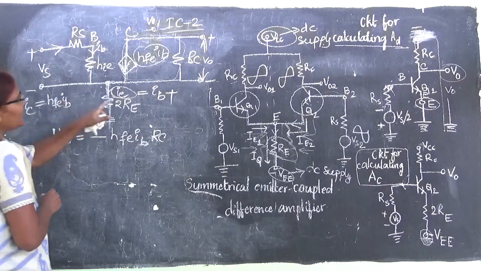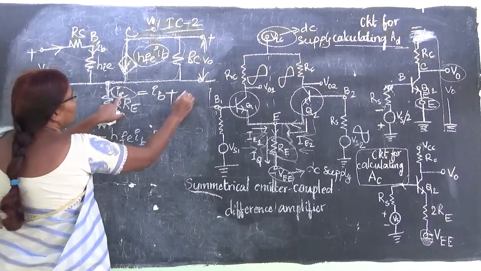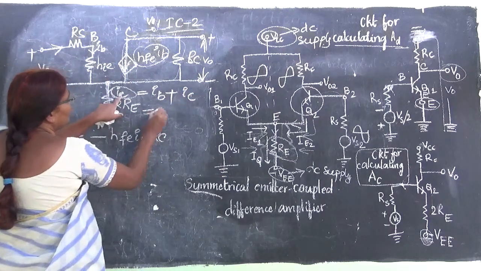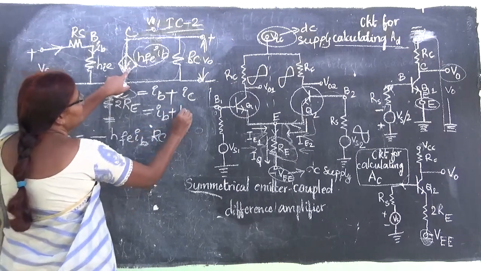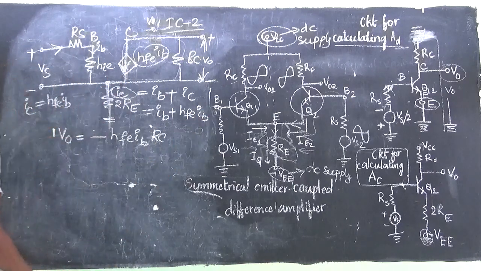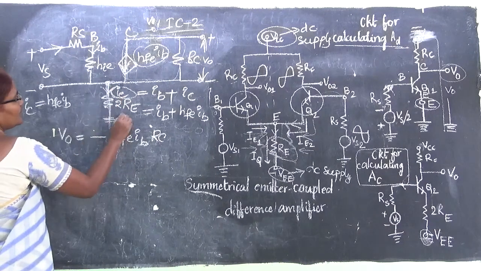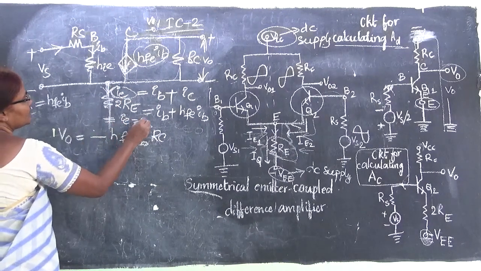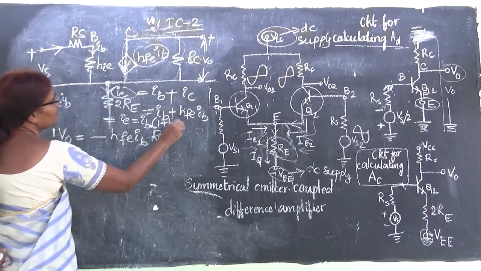So what is my IE? IE is nothing but IB plus IC. And what is IB? IB is IB. And what is IC? IC is HFE IB. So what can I write? The current flowing in this is going to be IE is equal to IB into 1 plus HFE.